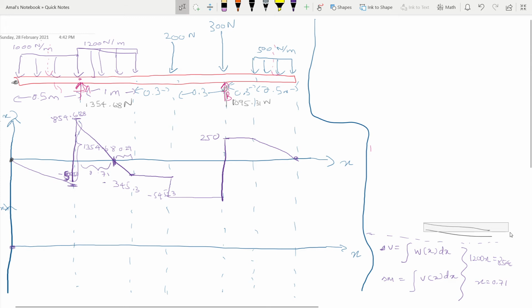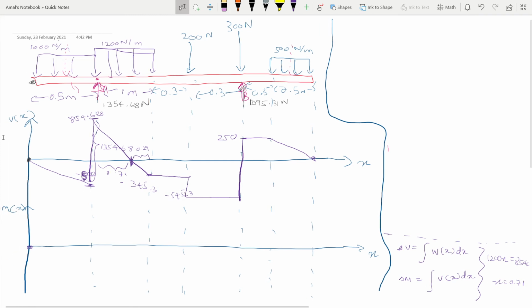Alright, I think I'm done. Let me write down here in red pen. This is the positive slope. Positive slope increasing.